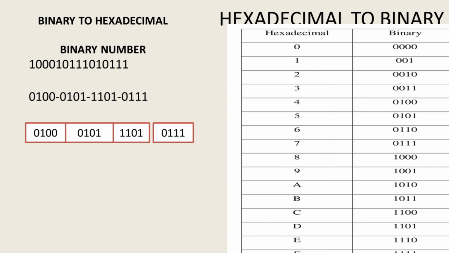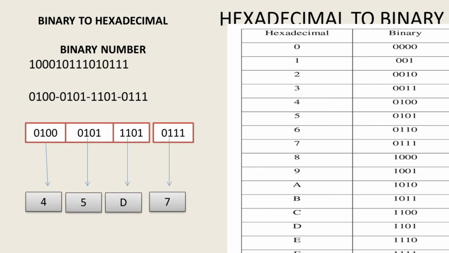The first one is 0100, so 0100 is 4. Then 0101 is 5. You look at the chart and then you put the numbers. You have to remember the chart. If you remember the chart, it is very easy. So the number becomes 45D7.